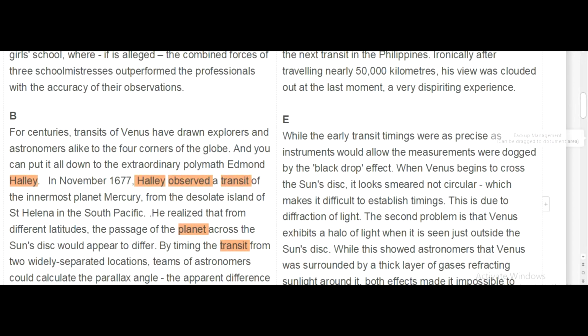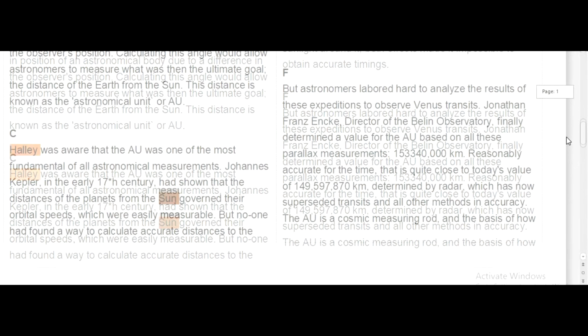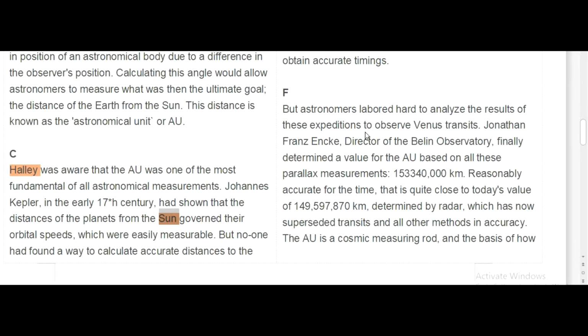So the answer to this question might be not given, but I'm not sure yet, and I'm not gonna put that as my answer because I want to check other places where I have found the keyword Halley. I have found Halley up here.